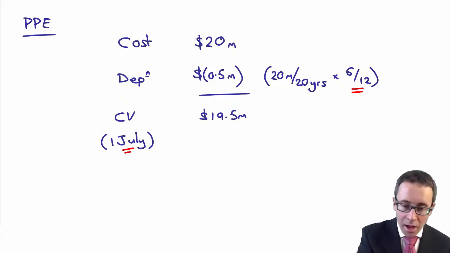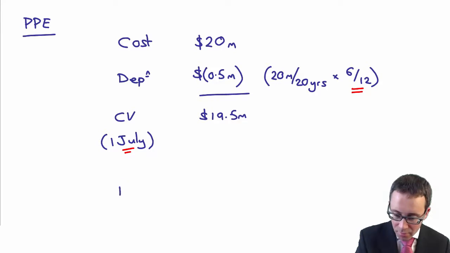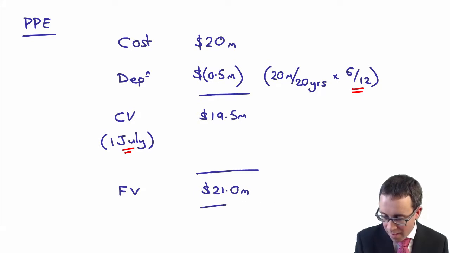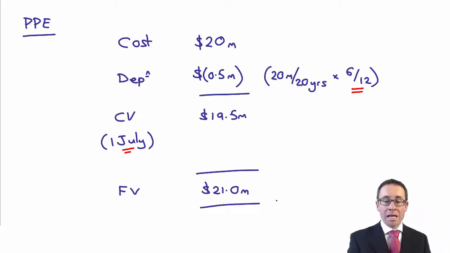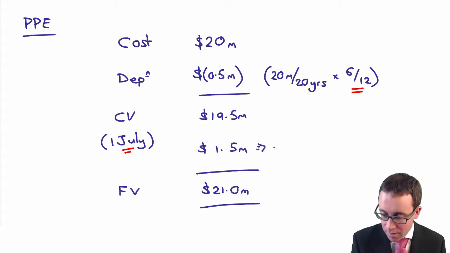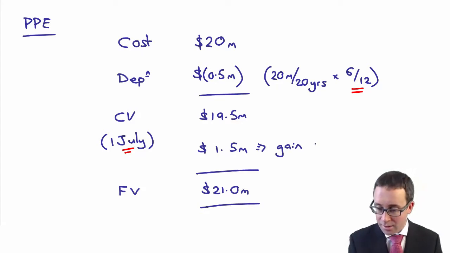Okay. We then need to revalue it, don't we, to fair value. And that fair value was 21 million, wasn't it, at that date? So the difference that you have is 1.5 million. That 1.5 million is a gain, isn't it?